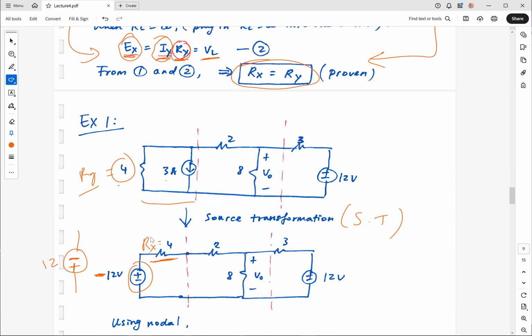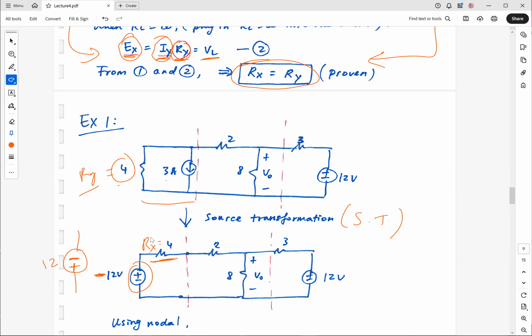So instead of plus 12, now you have negative 12. Remember, every time you change the polarity, you have to attach a negative sign. Similarly for the direction of current flow, anytime you flip the direction of the current, you have to attach a negative sign.